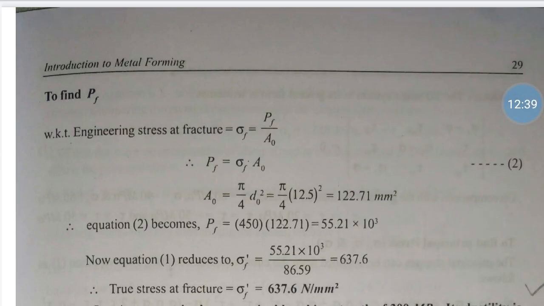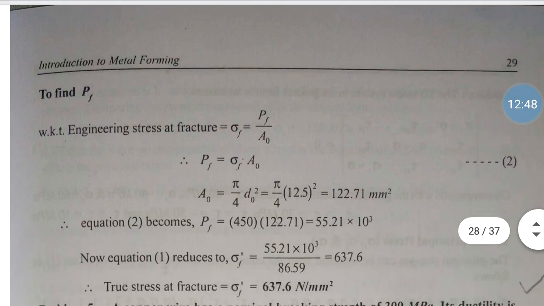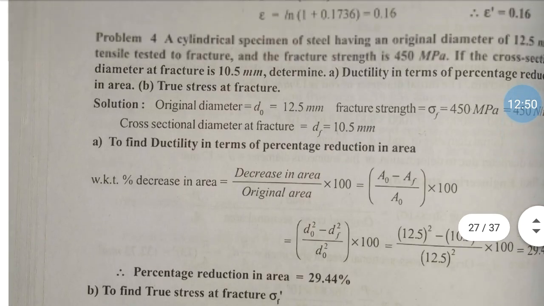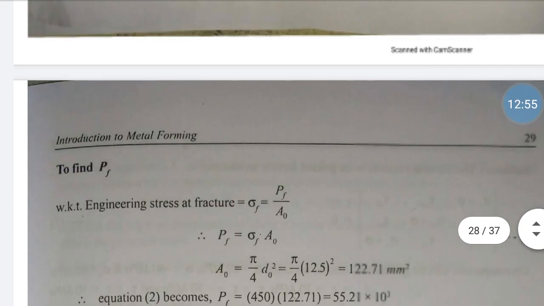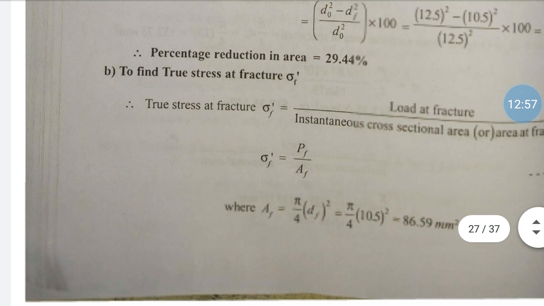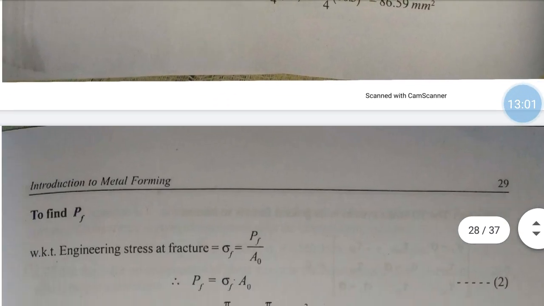Stress F is equal to Pf by A naught. Pf by A naught, A naught you know. Pf is 450, so stress F is 450 into area. True stress means Pf by area.